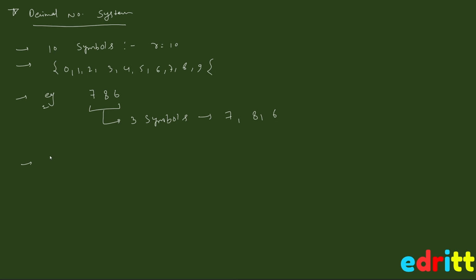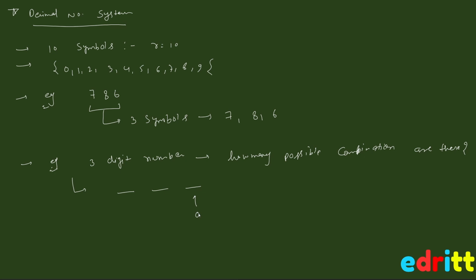Now, for an n-digit number, I'll first take an example of a 3-digit number. How many possible combinations are there? Place 1, place 2, and place 3.